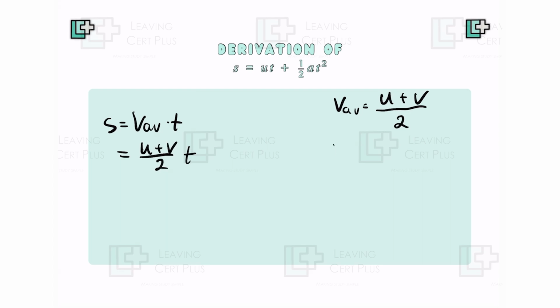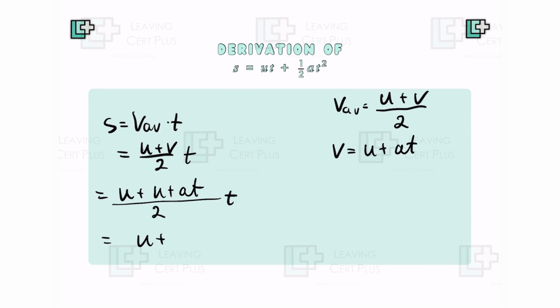And then I remember that final velocity equals initial velocity plus acceleration times time. So now I can substitute to get u plus at, all that divided by 2 multiplied by time. And simplifying, I end up with ut plus 1/2 at squared, which is exactly the same as the relationship we were trying to derive.